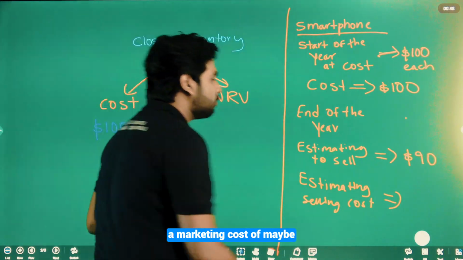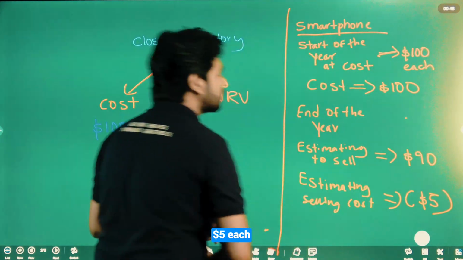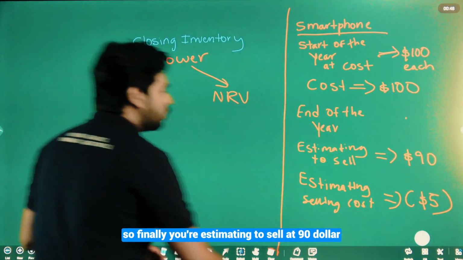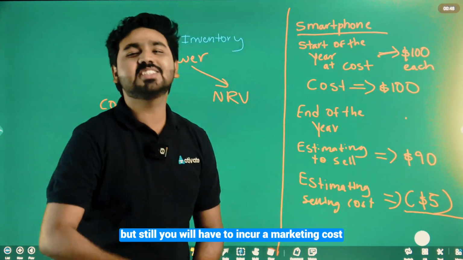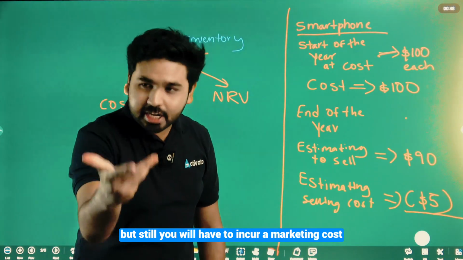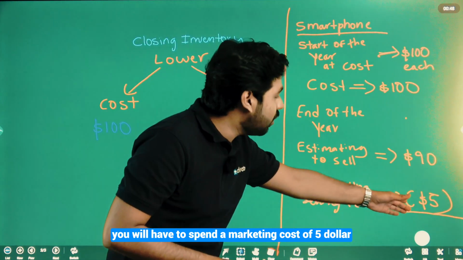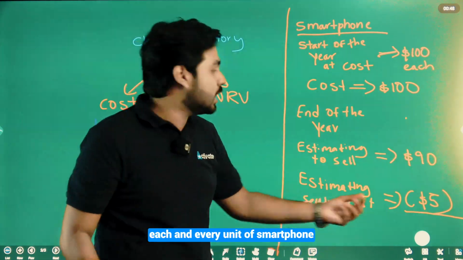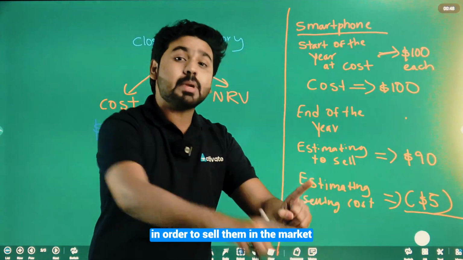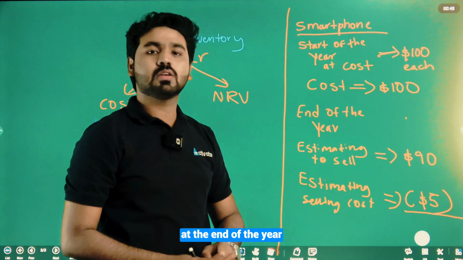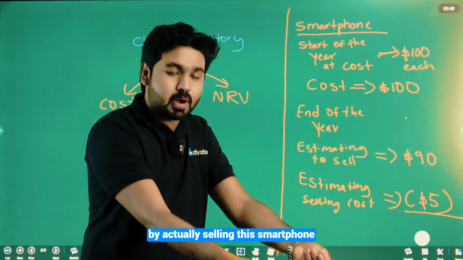A marketing cost of maybe $5 each. So finally, you're estimating to sell at $90, but still you will have to spend a marketing cost of $5 for each and every unit of smartphone in order to sell them in the market at the end of the year. Now, what is the net amount you're coming up with by actually selling this smartphone at the end of the year?